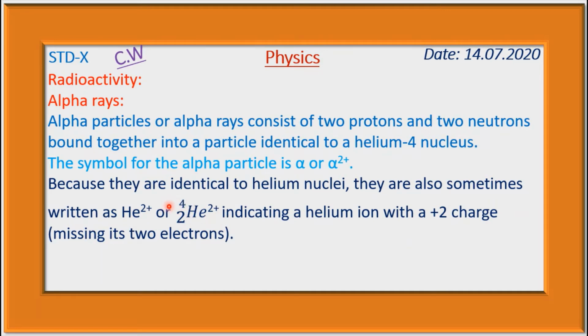Here 4 is the mass number and 2 is the proton number, that is the atomic number. We know the atomic number of helium is 2 and the mass number is 4. Therefore He 2+ is the nucleus of helium, indicating a helium ion with a +2 charge, missing its 2 electrons.